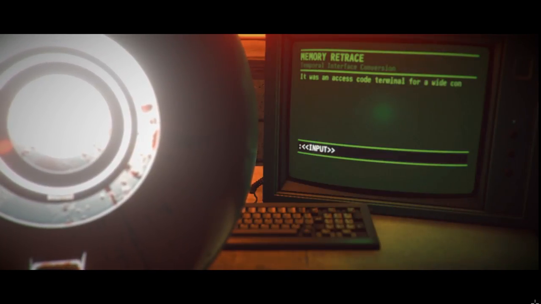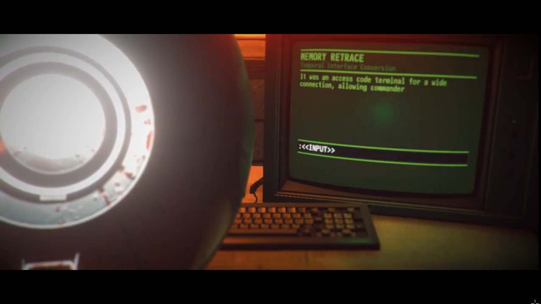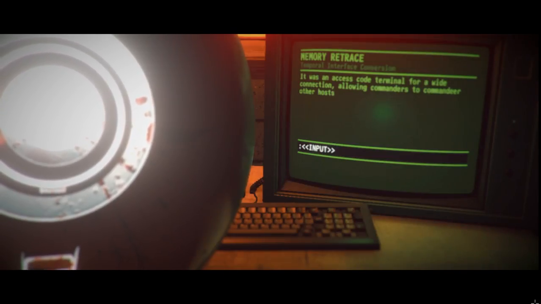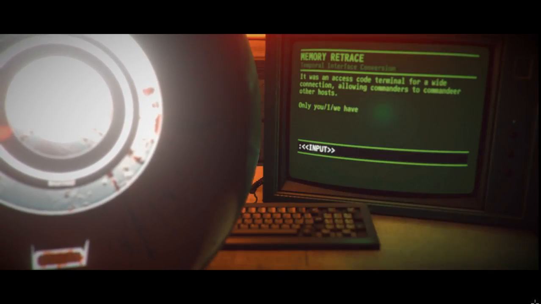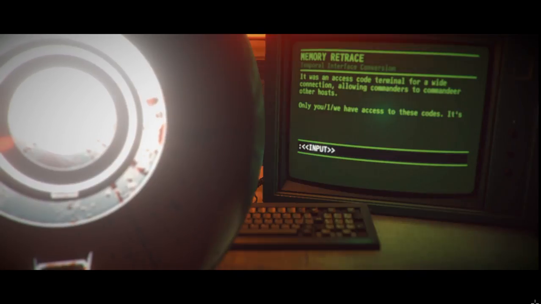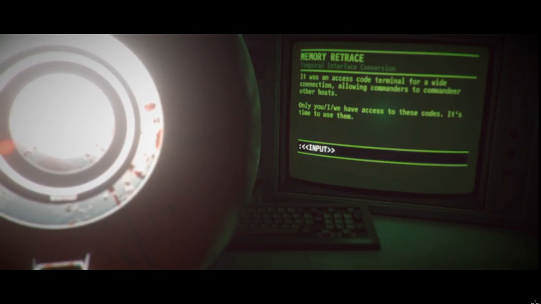It was an access code terminal for a wide connection, allowing commanders to commandeer other hosts. Only we have access to these codes. It's time to use it.